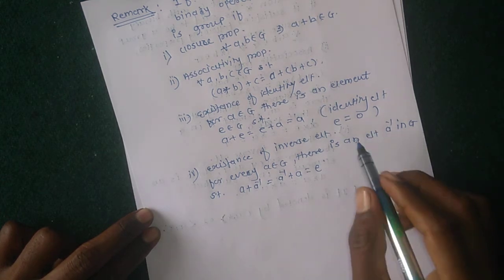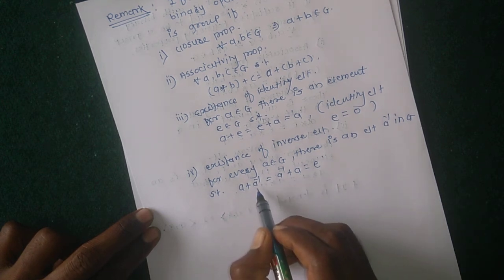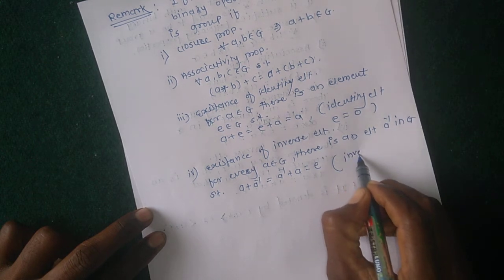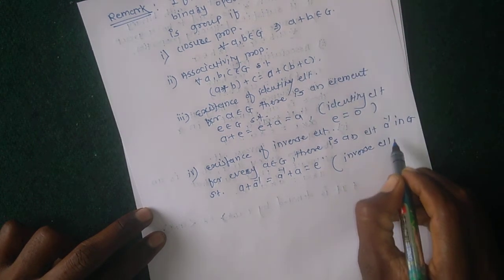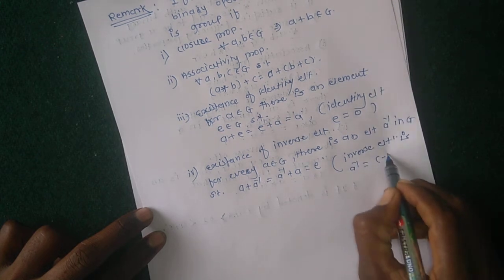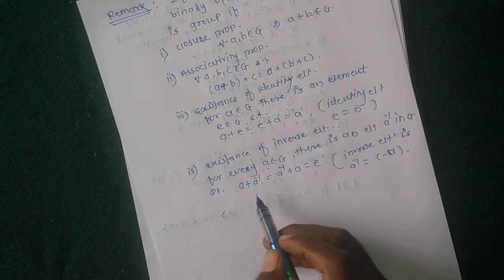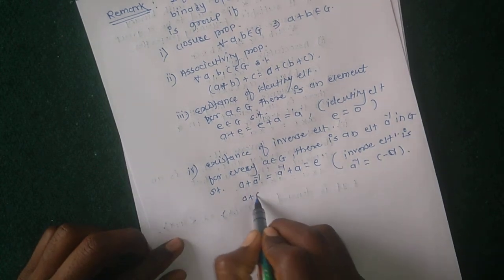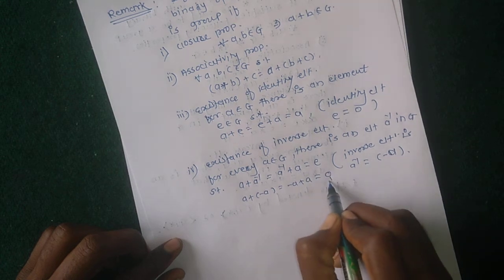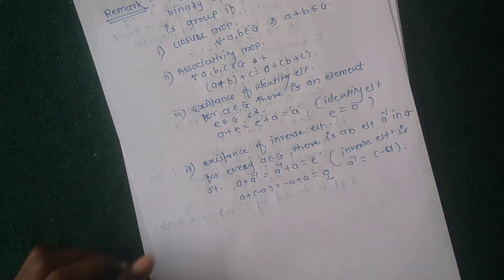So the inverse element is a inverse equals negative of a, meaning a plus minus a equals minus a plus a equals 0, because 0 is the identity element.